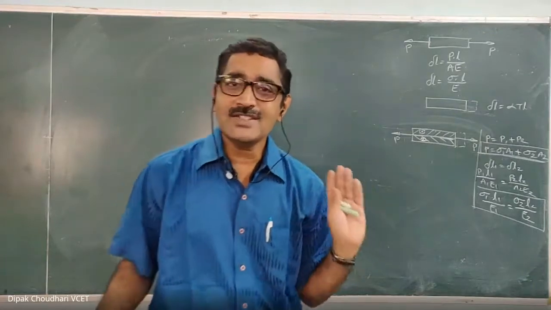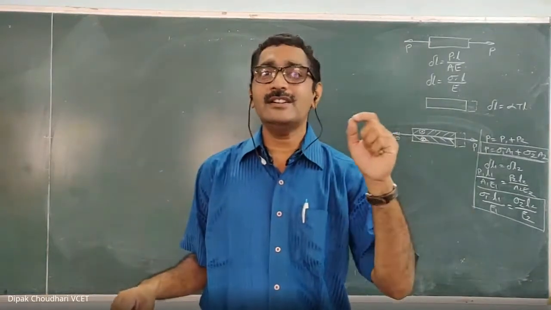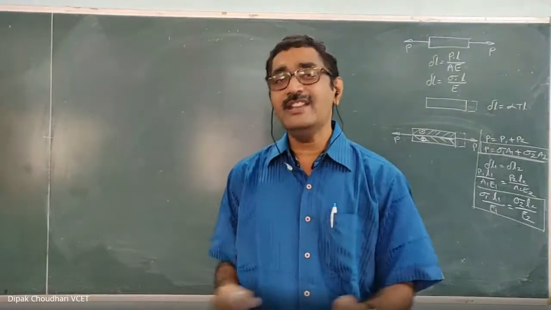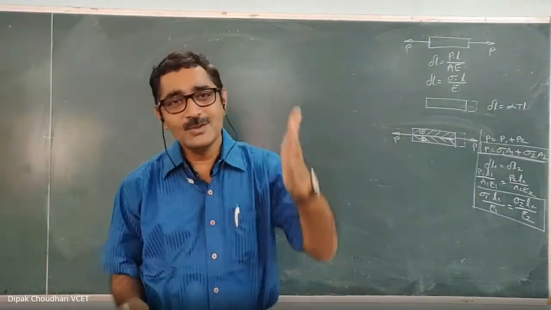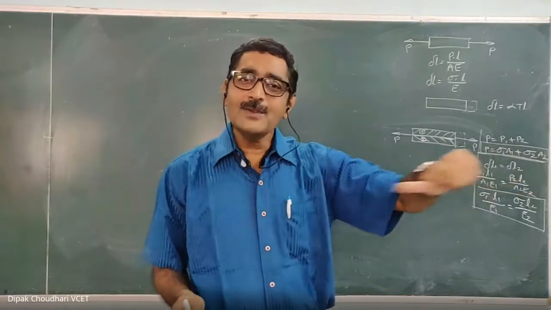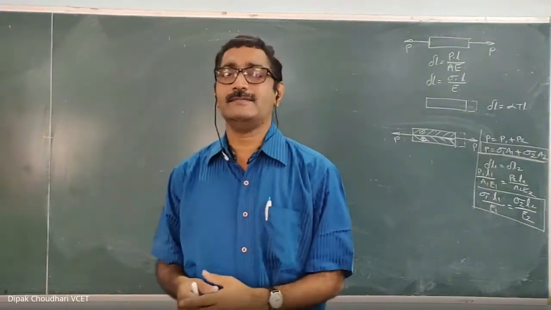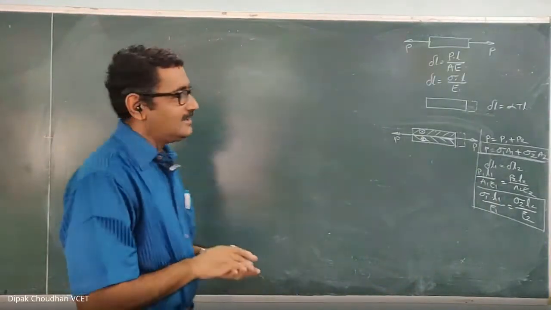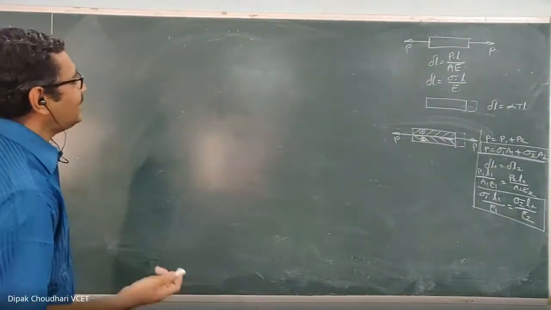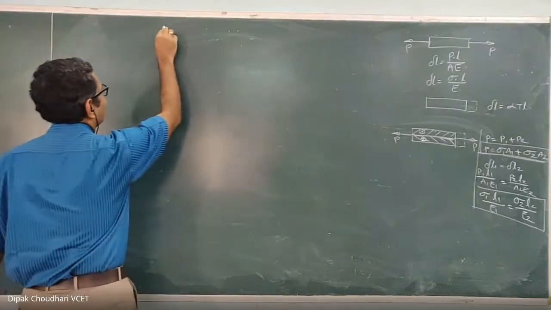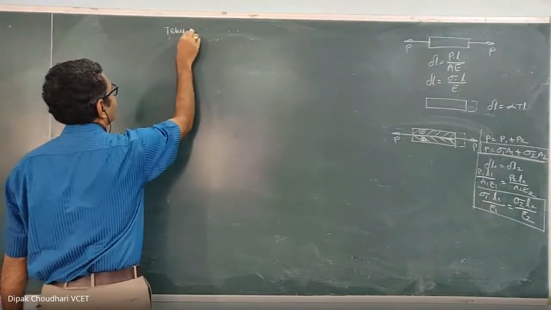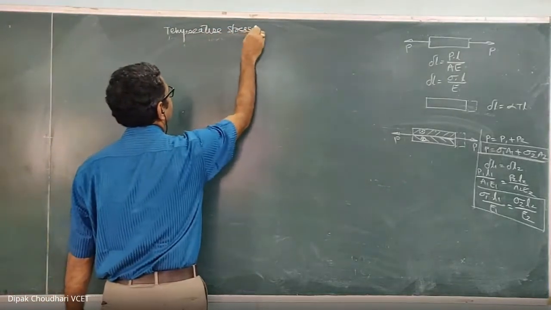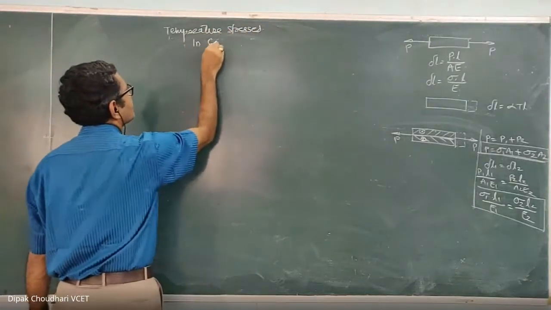So temperature stresses are induced only when the free deformation is restricted either by using some rigid support or by using some external applied force. Okay, then only the temperature stresses are induced. Now, how to calculate the temperature stresses in composite material? So it is temperature stresses in composite material.